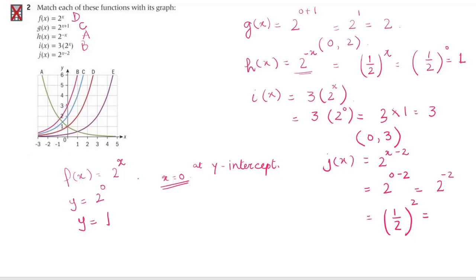It is 1 over 4. What is it? It is 0.25. Obviously, the function is a growth and the intercept is 0 and 0.25. So this would represent E. Got it?